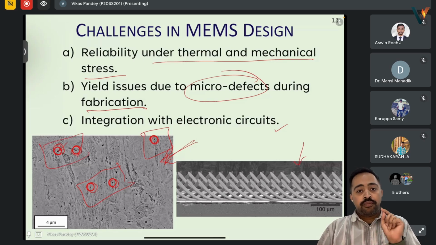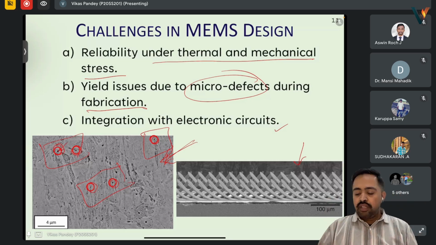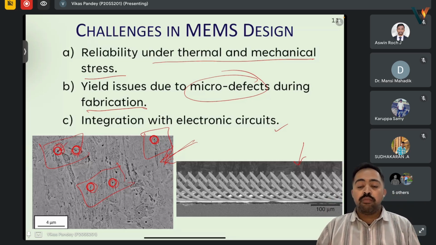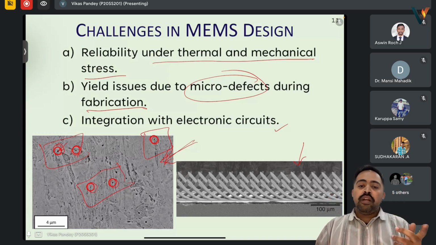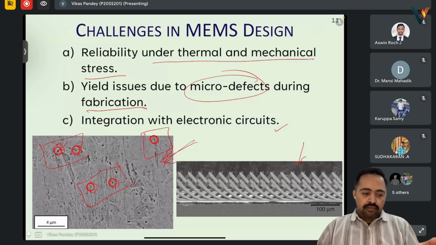Due to change in temperature, they have moved up because some expansion has occurred, and now they are not working perfectly. If they are cooled they might get corrected, or may be permanently damaged, but in most of the cases such damages are almost permanent. So these are some of the challenges in MEMS design.